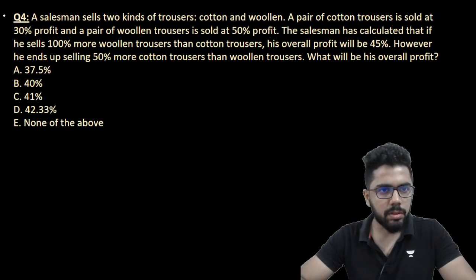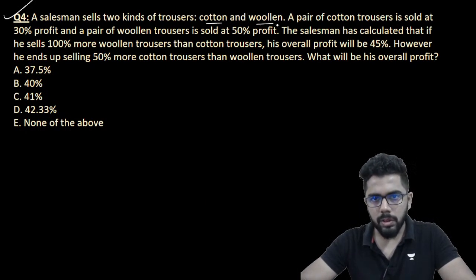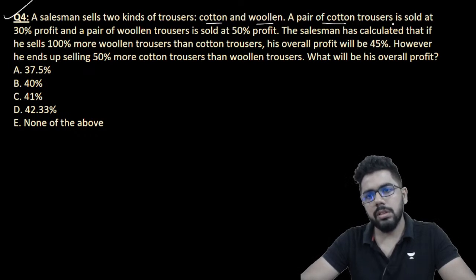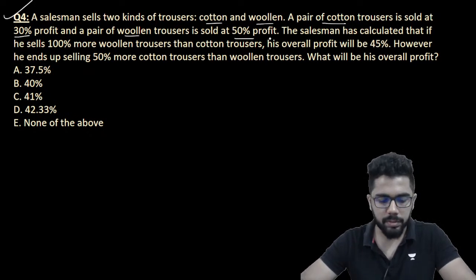Let's take a look at this one. The previous question again. A salesman sells two kinds of trousers, cotton and woolen. A pair of cotton trousers is sold at 30% profit, and a pair of woolen trousers is sold at 50% profit.